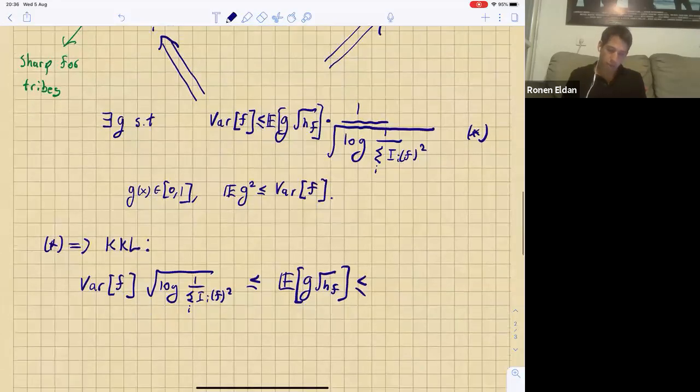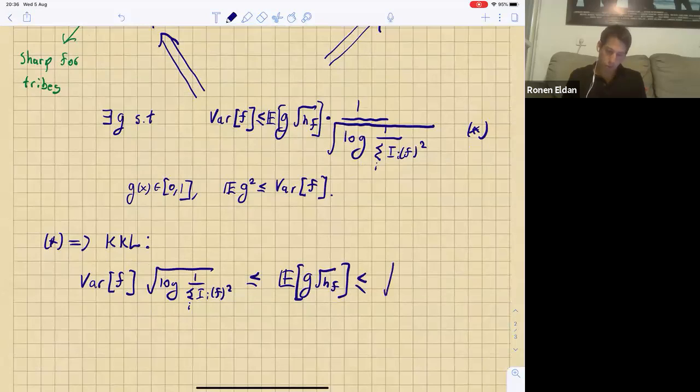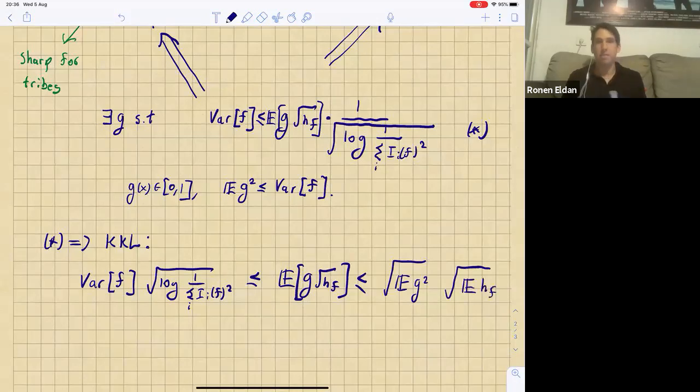And Cauchy-Schwarz tells us that this is at most the square root of the expectation of g squared times the square root of the expectation of the sensitivity. Now, the expectation of the sensitivity is just equal to the total influence of f. On the other hand, we have this inequality.